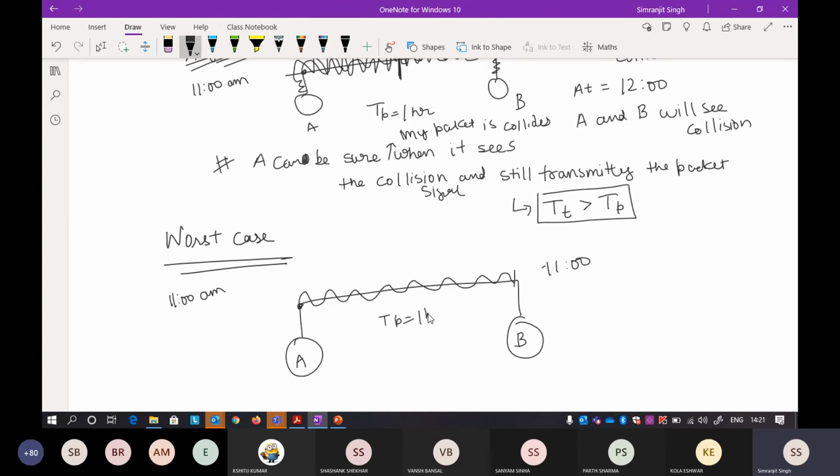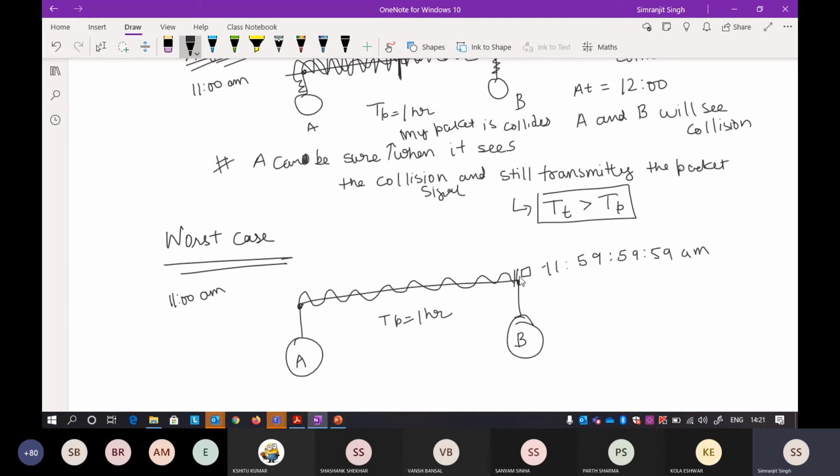At 11:59:59, B has sensed that the carrier is free, and it starts to put its packet onto the link. This is the worst case that can happen.